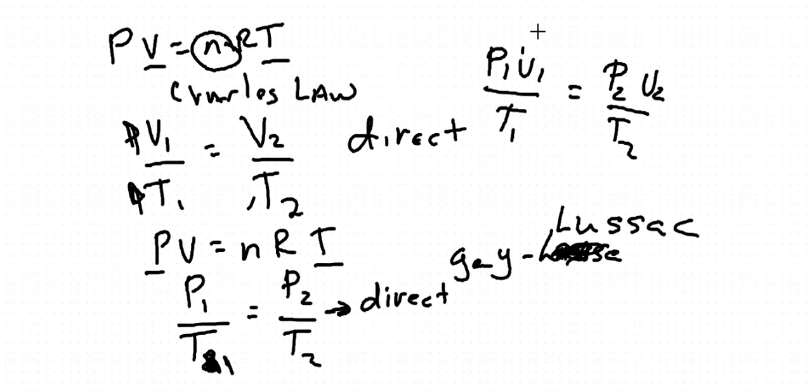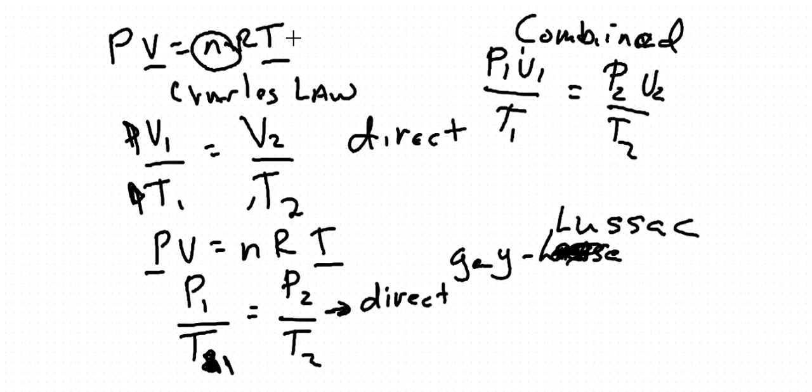And that's called the combined gas law. So you have the ideal gas law, you have the combined gas law, and then you have the other 3. So you have 5 laws altogether for the gas laws. And depending on what you hold constant is going to determine which law you use.